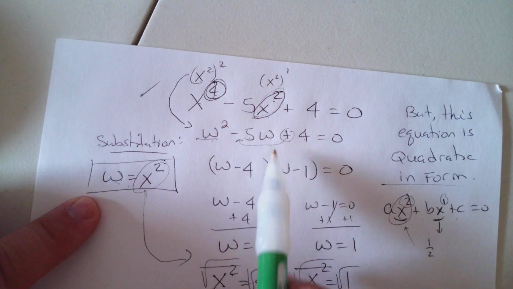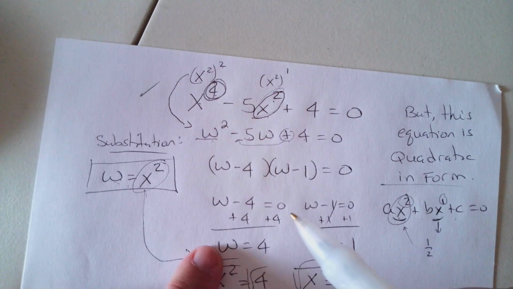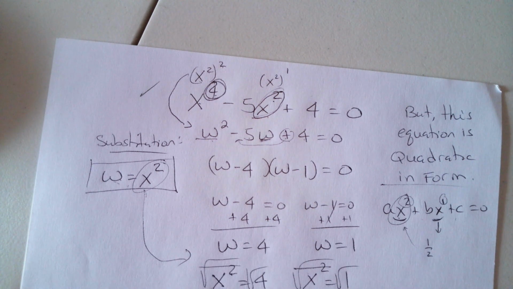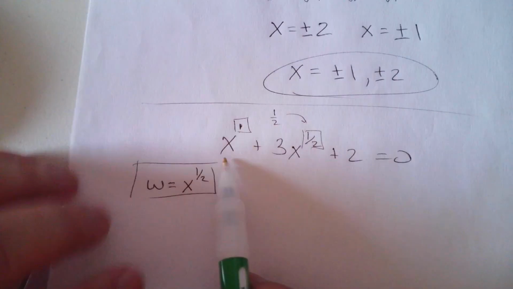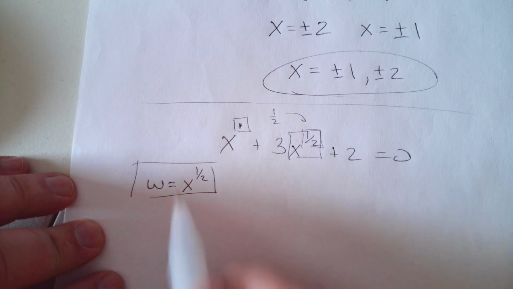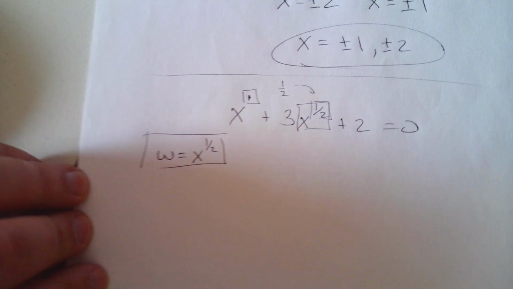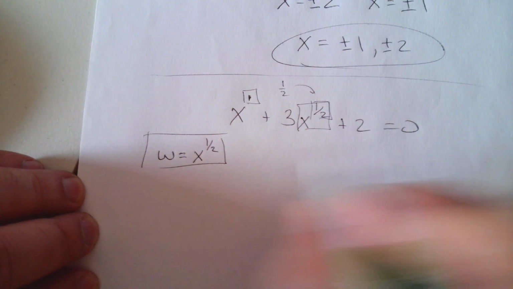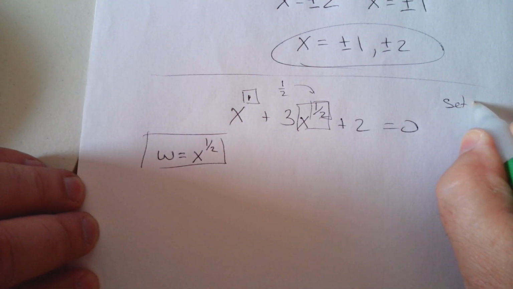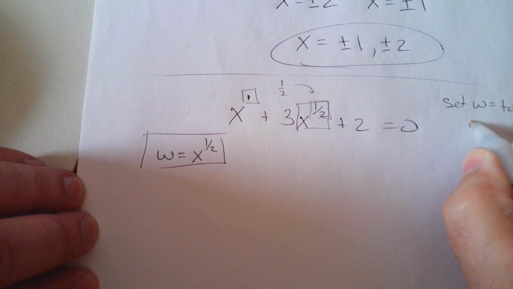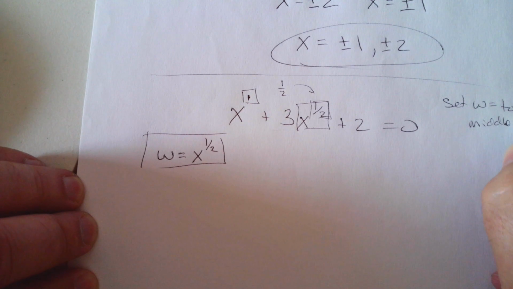When we solve these things, what do we solve for? W. W is the middle term. So whatever the middle term is, once you see it's quadratic in form, take the middle term, set that equal to w. Set w equal to the middle term.